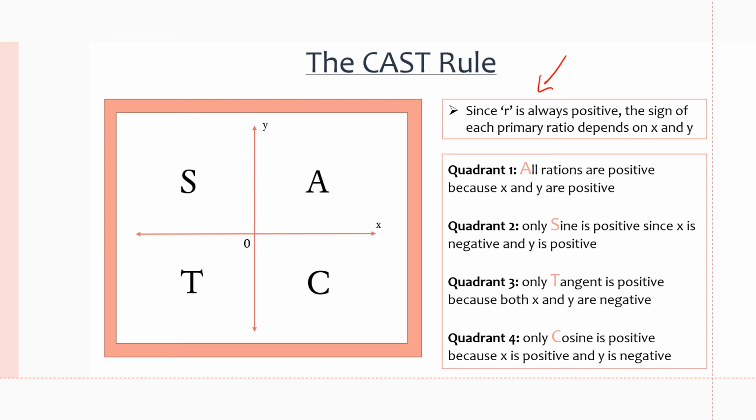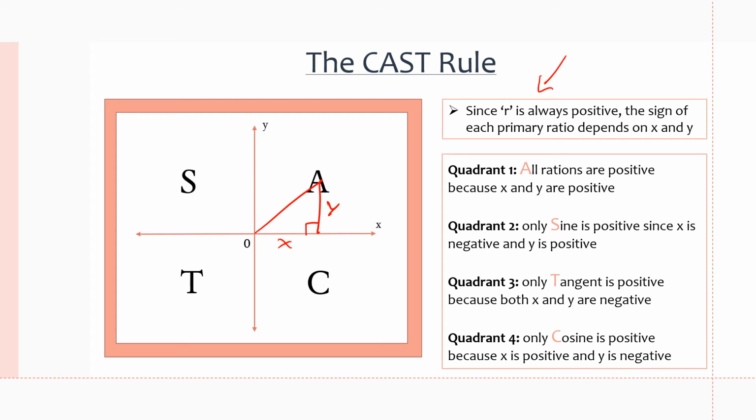So in quadrant 1, we have an A, which means that all primary ratios will be positive in this quadrant, which makes sense because x and y are both positive in this quadrant. So if we draw our little triangle, here we have the y side and the x side, and we're going in the positive x direction and we're going up in the positive y direction.